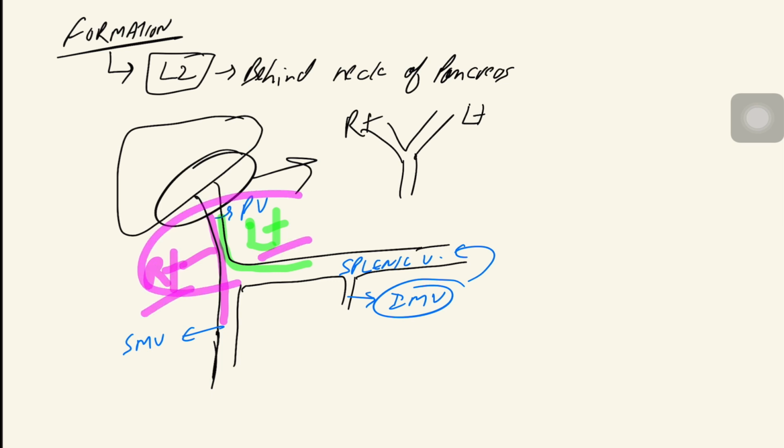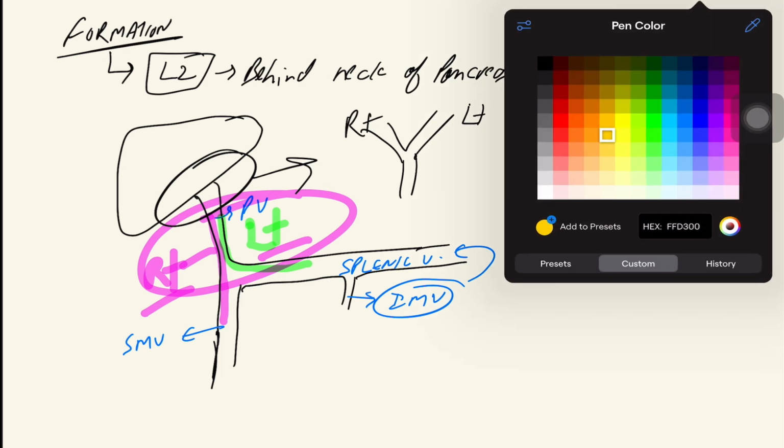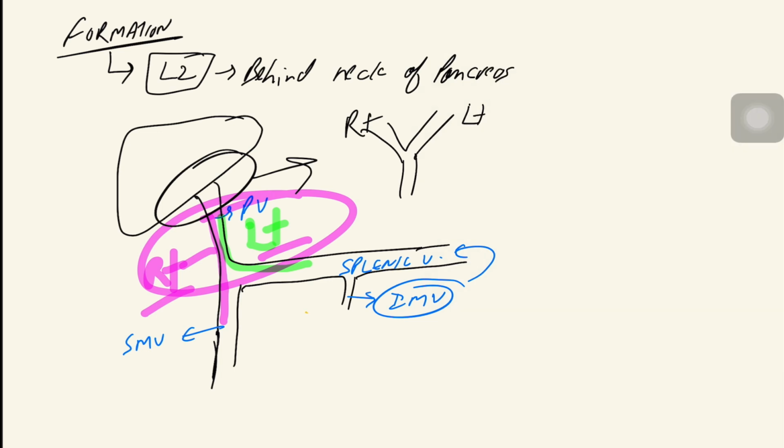So there is no mixing of blood. So what can you understand from here? That the blood from superior mesenteric vein is basically received by right lobe, and the blood from splenic vein, inferior mesenteric vein, is received by left lobe.